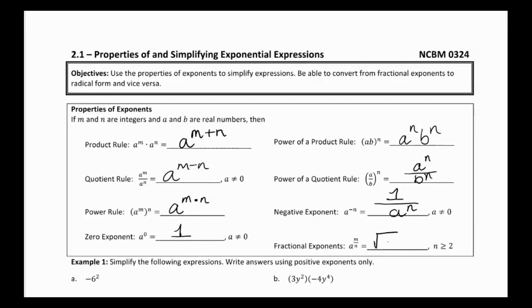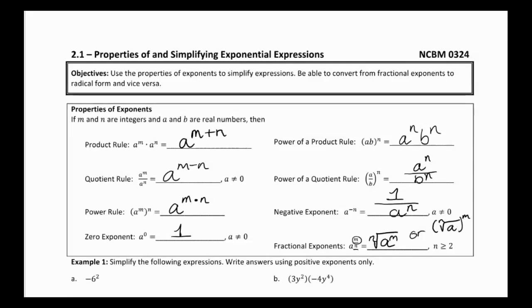This is a radical form. The a is going to go inside. The denominator is going to be our index. And the m is going to go inside with my base. Or we can also have it like this, with the a inside and that m outside.